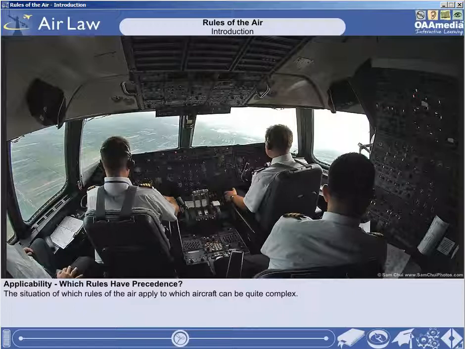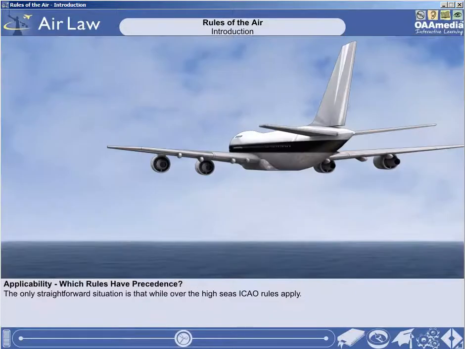Always remembering, of course, that the rules of the air of the state being overflown take precedence. The only straightforward situation is that, while flying over the high seas, ICAO rules of the air apply.